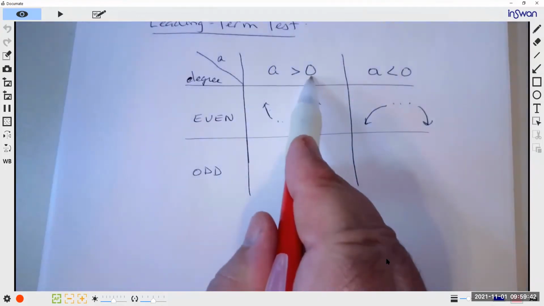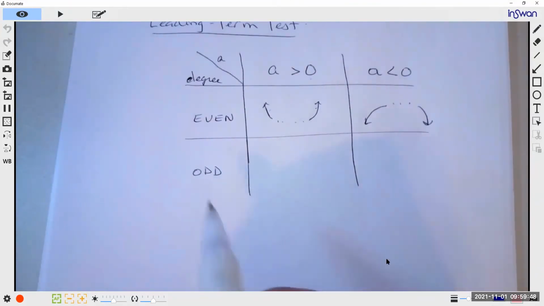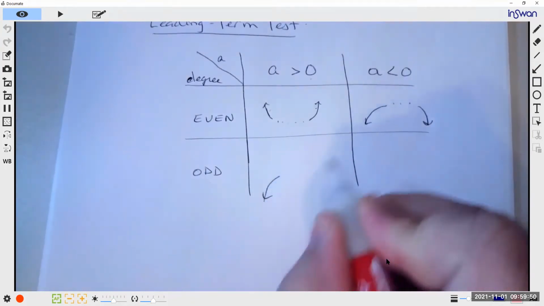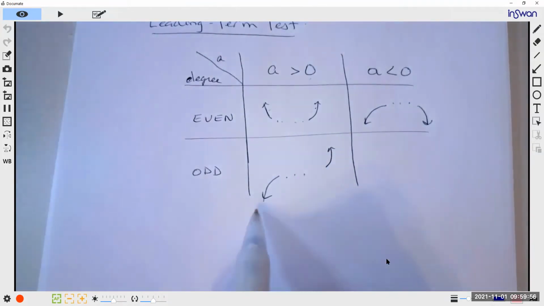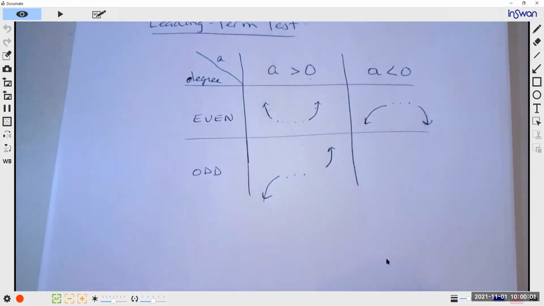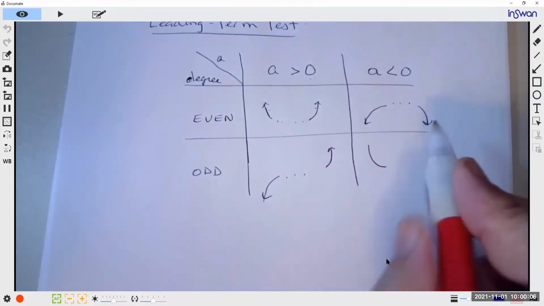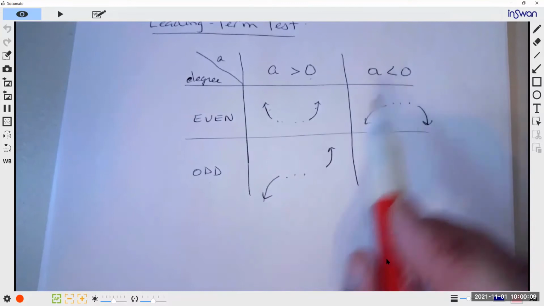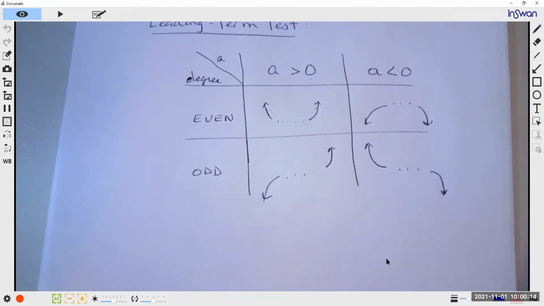If the leading coefficient is positive and the exponent is odd, then all we know for sure is both ends point opposite directions, with the right side going up, left side going down. And if the leading coefficient is negative and it's an odd degree, both ends point opposite directions. The left side points up, the right side points down.